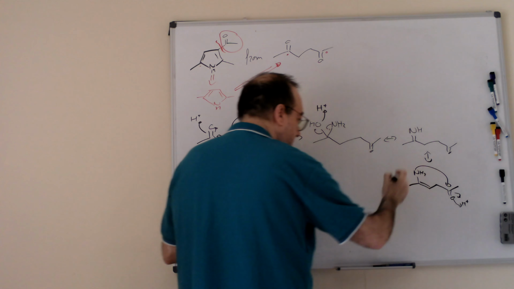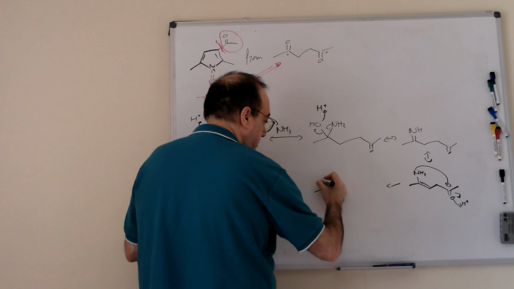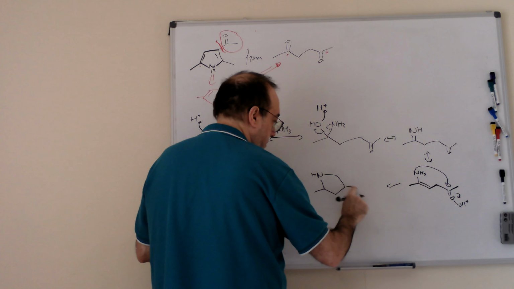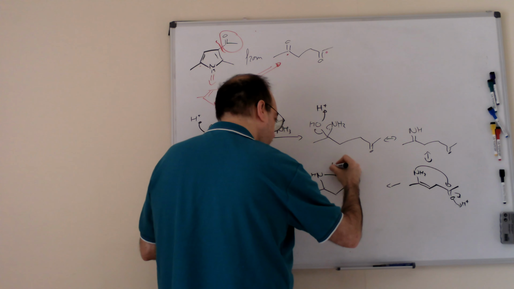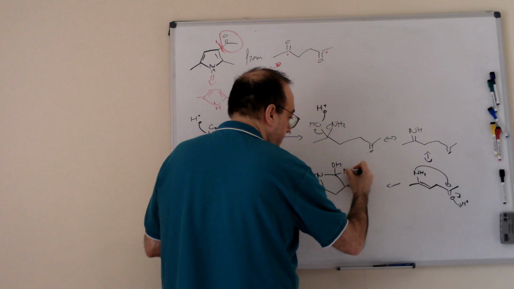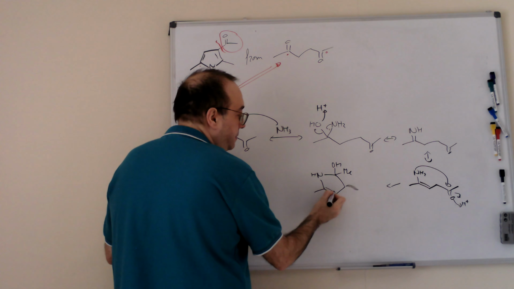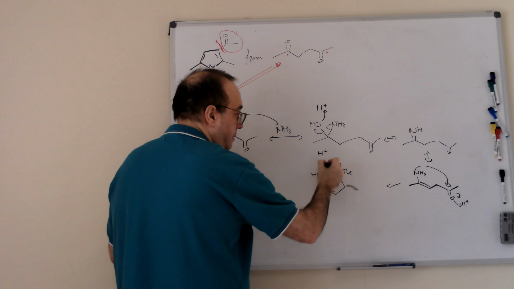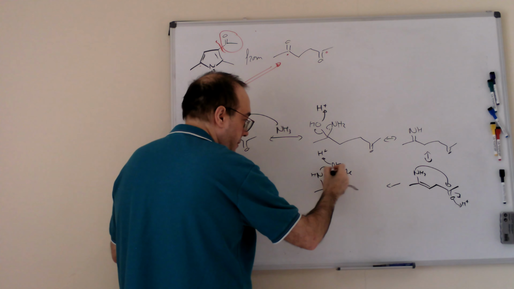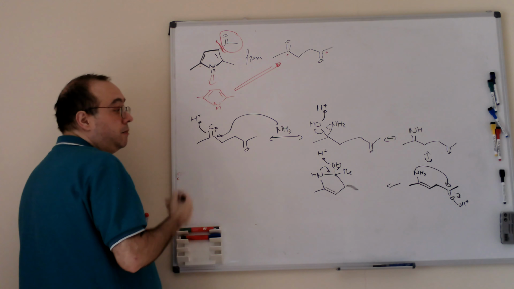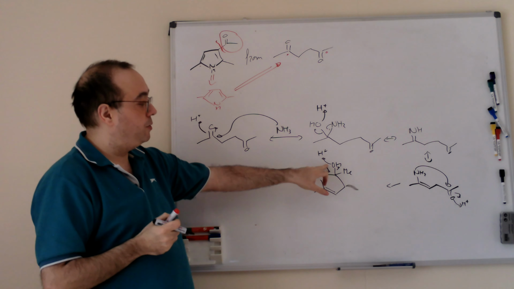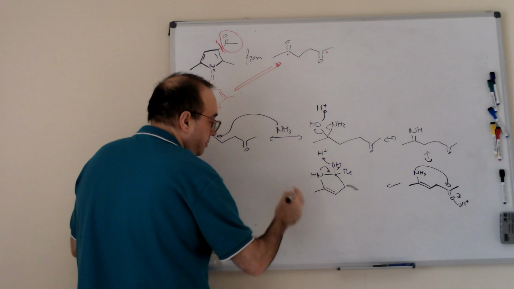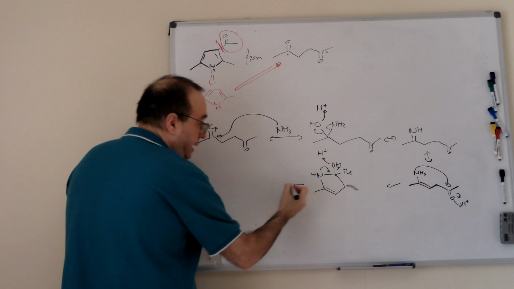Intramolecular attack, to form again the hemiaminal, okay, and then again we protonate the hemiaminal, we protonate the wedge to make water, that is a very good leaving group, and then water is eliminated. And here you have two options.